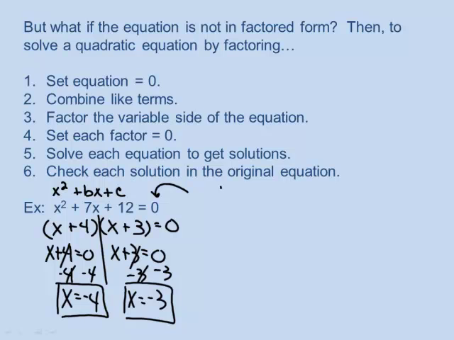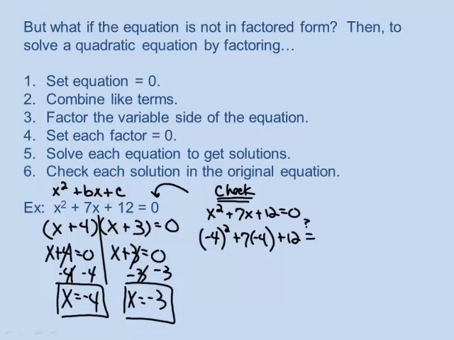Now a quick check, just because that's a good habit to get into. If the original problem is x squared plus 7x plus 12 equals 0, and we want to check negative 4, you'd have negative 4 squared plus 7 times negative 4 plus 12. Now this is a check, so the question is, is that really equal to 0?